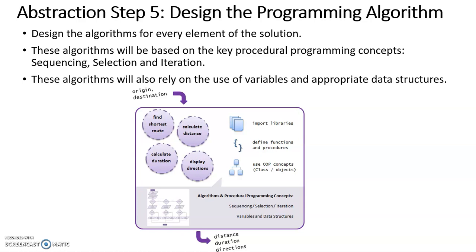All of that will be shown in your algorithm. And this algorithm will also rely on the use of variables and appropriate data structures. So all of that forms the basic way to abstract a problem.